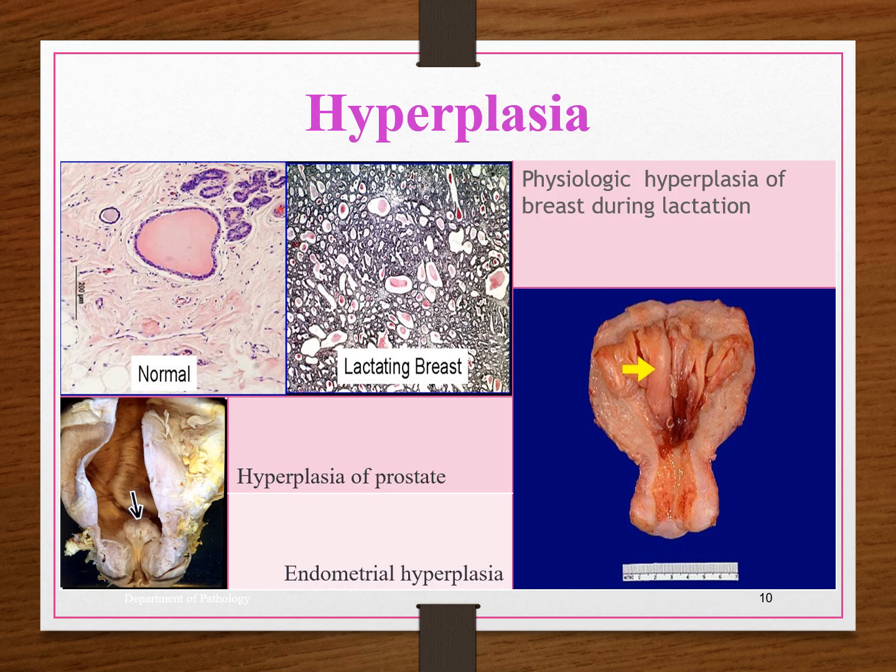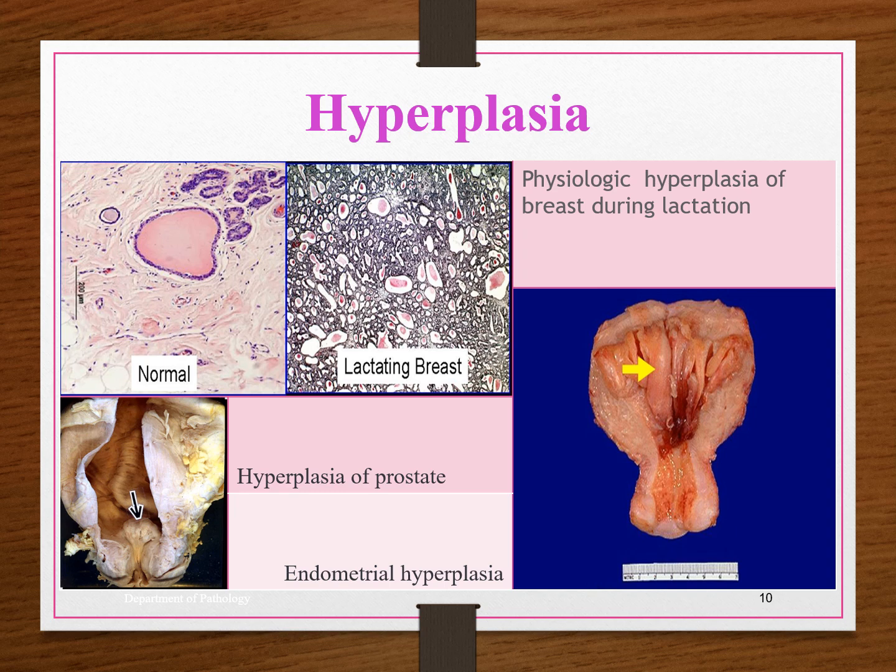In this picture, we will be able to understand hyperplasia more. In the first picture, it is the normal cell, and in the second picture, we are showing a lactating breast. If you see, there is increase in the number of cells. When there is need for the lactation, there is increase in the number of cells. This is physiologic hyperplasia of breast during lactation.